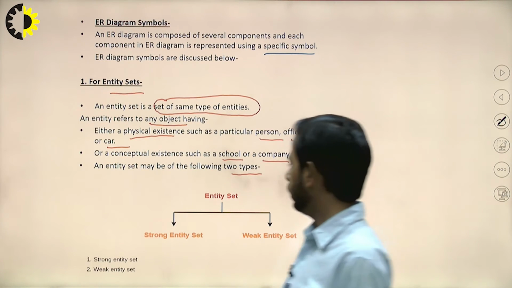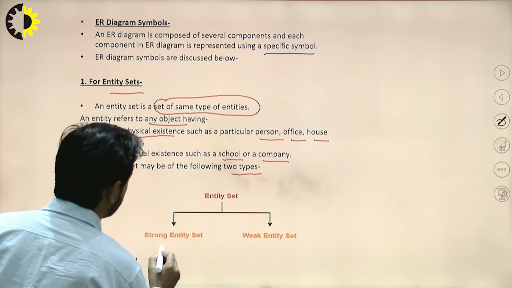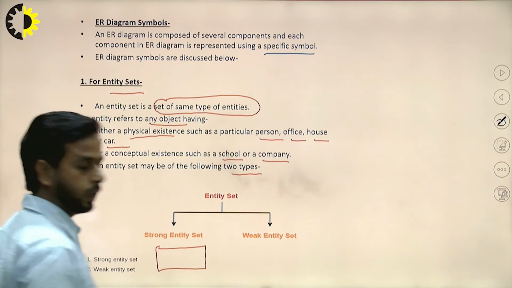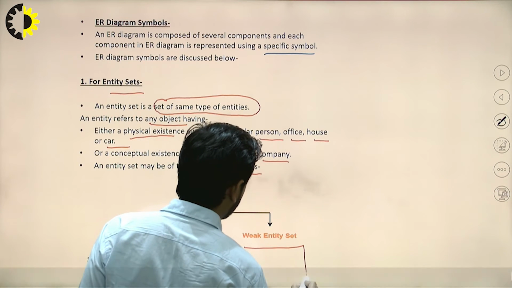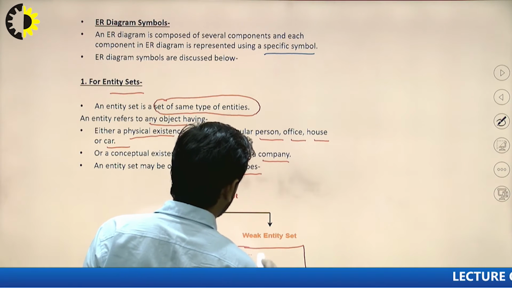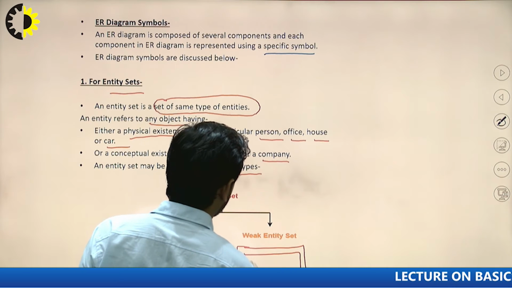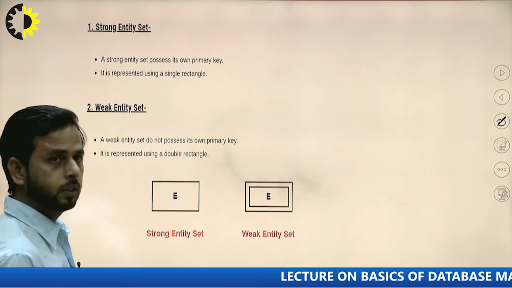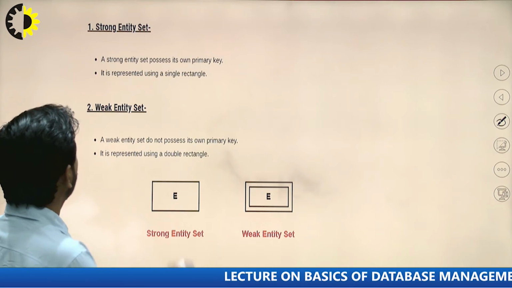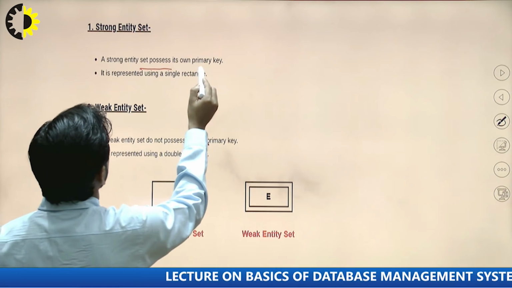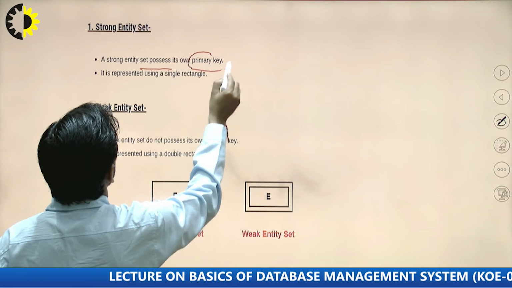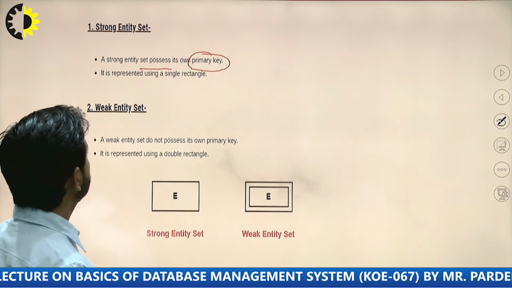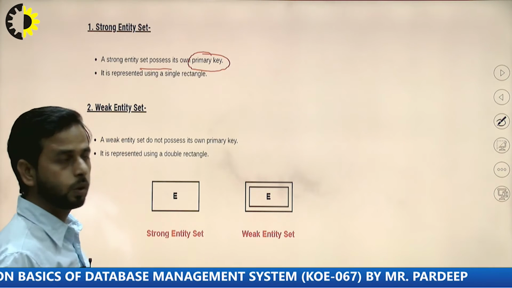So a strong entity is represented by this rectangular symbol and a weak entity is represented by this double rectangular symbol. Now next, see strong entity set. A strong entity set possesses its own primary key, meaning that in an entity set, if there is a primary key then it is a strong entity.